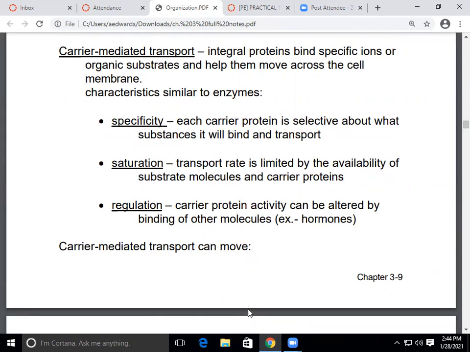All right, so like enzymes, carrier mediated transport, these carrier proteins are specific, so they only work maybe with a specific substance that it binds and transports. They have a saturation limit, so once their spaces on their proteins get taken, they can't take any more until those substances get out. Okay.